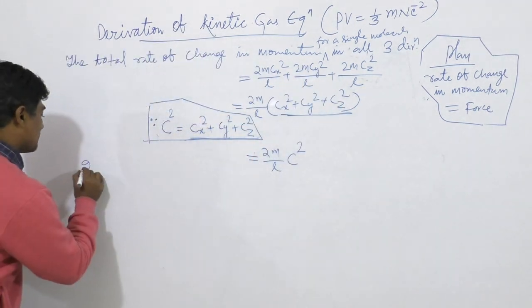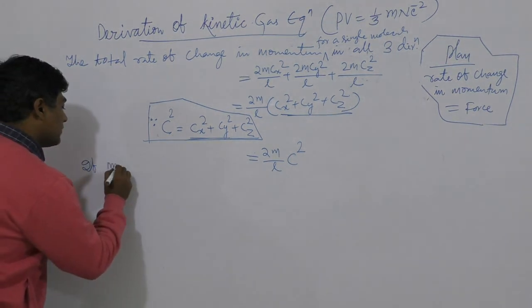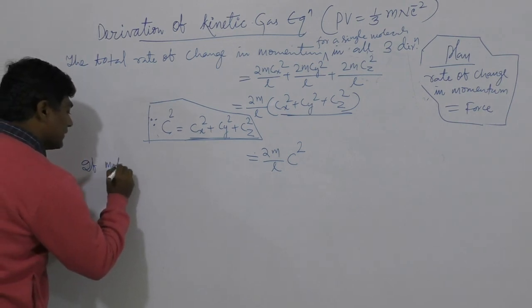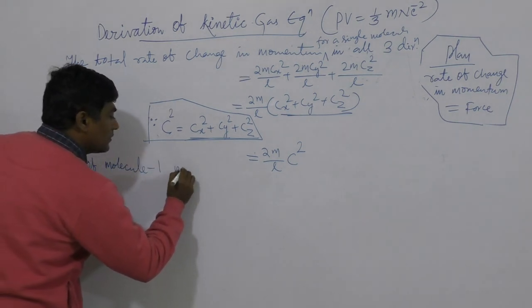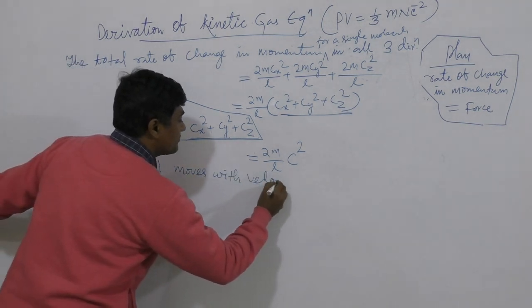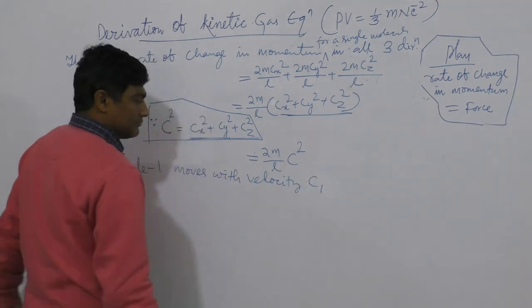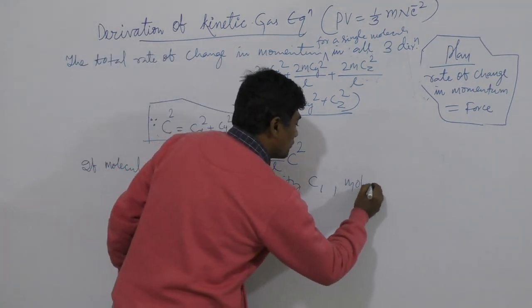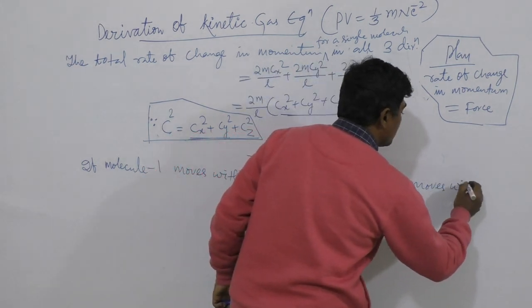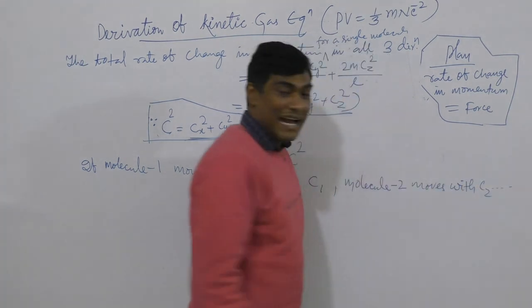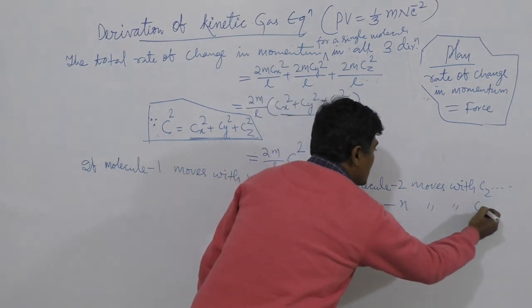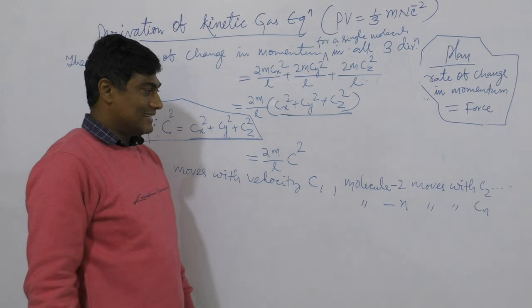So if molecule 1 moves with velocity c1, molecule 2 moves with c2, and so on, molecule n moves with velocity cn.